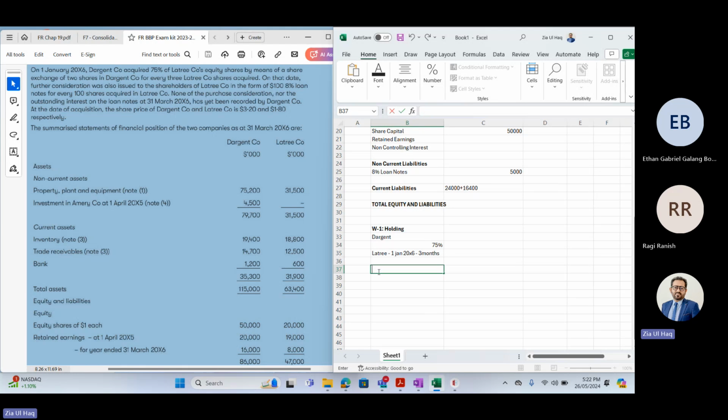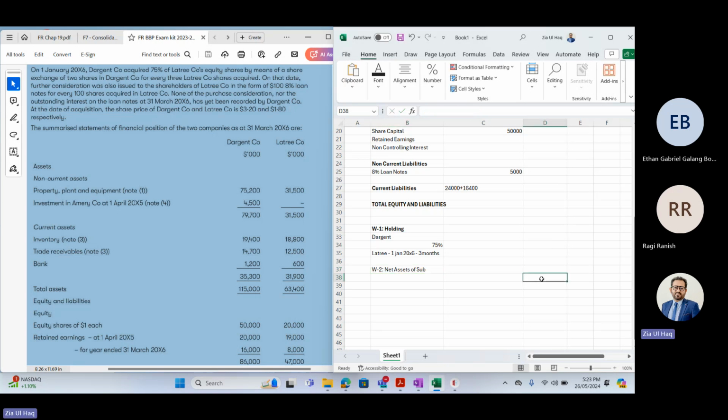So working 2, that is net assets of subsidiary. And regarding net assets of subsidiary, we need to prepare some columns.